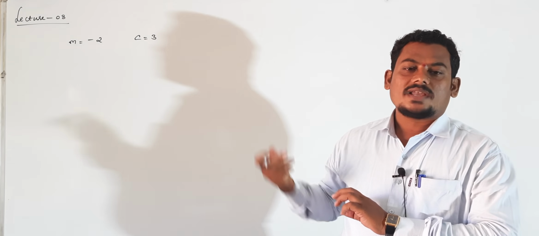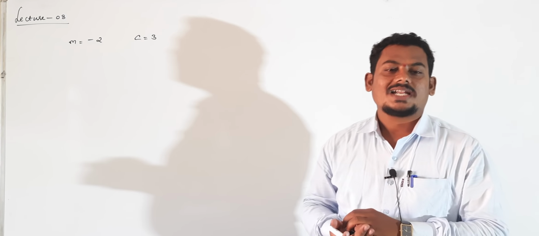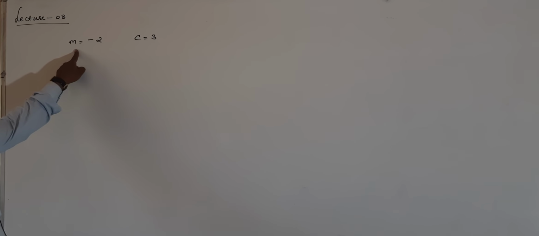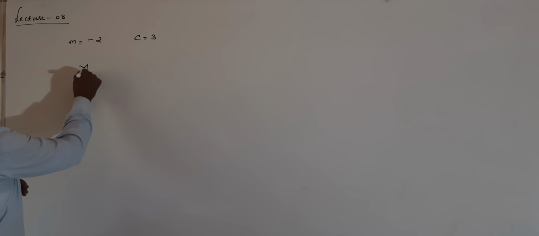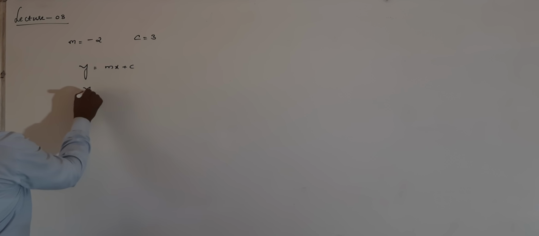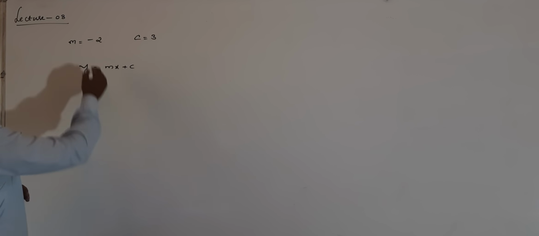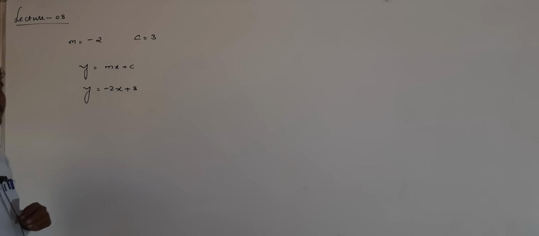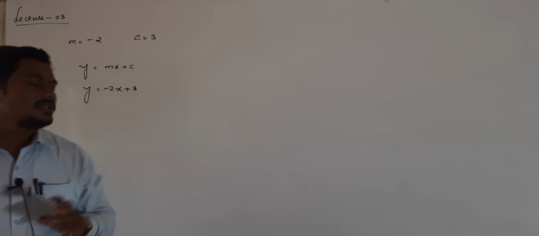Clearly y equals mx plus c, the equation of the straight line in slope-intercept form, right? The m value and c value are both given. Then the required equation is y is equal to -2x plus 3. Simply replace the m value and c value, right?